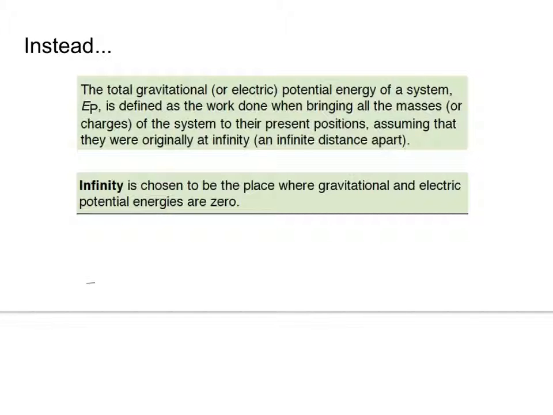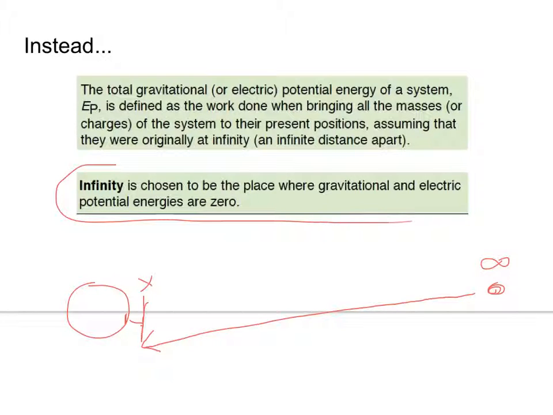So this means that instead of thinking about an object being on the floor, lifting up to some point x, we now assume zero potential energy is at infinity, and we consider the amount of energy needed to bring it to that point there. Infinity then is chosen as the place where gravitational potential energy is zero.